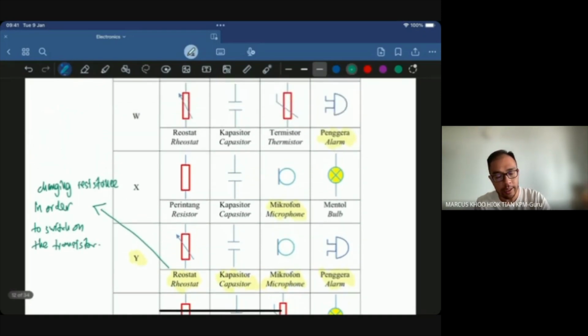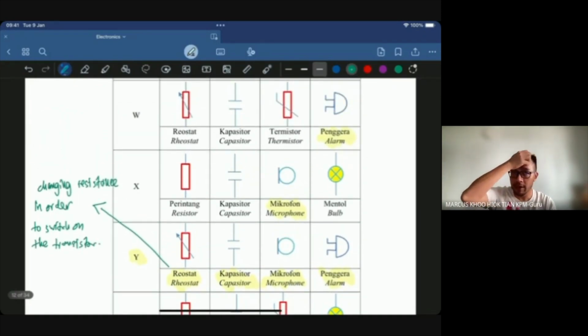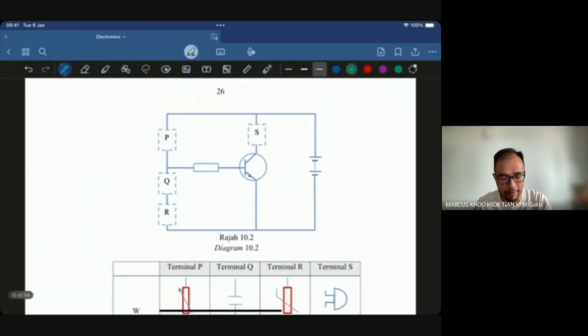It needs to have a changing resistance because you don't know how loud the baby is going to cry. Okay, let me say we put the rheostat over here.